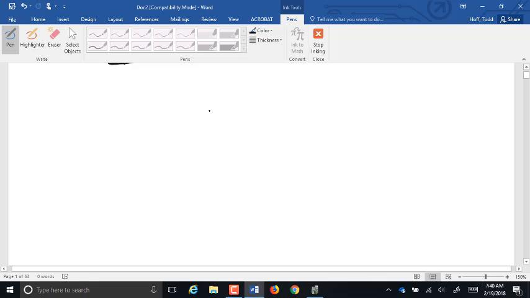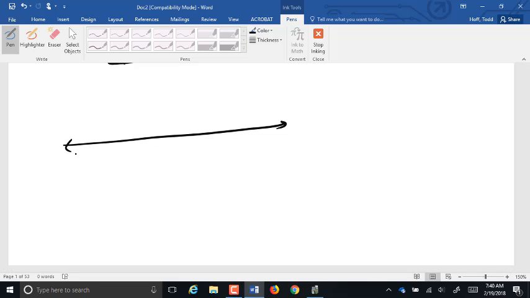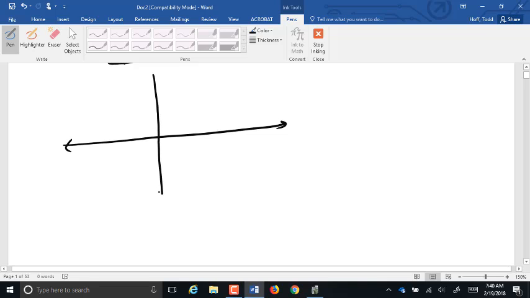We have some special relationships. Of course, that is a line because it's got an arrow on both ends, means it goes on forever in both directions. Anytime lines intersect, they form angles.